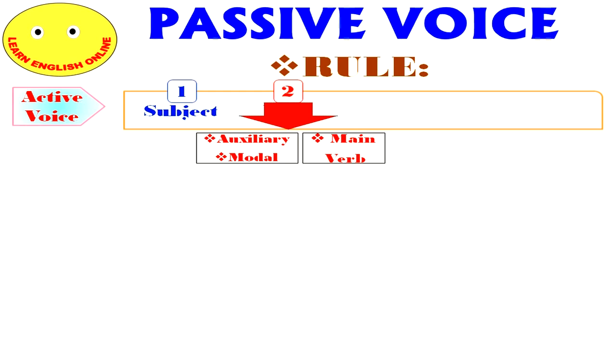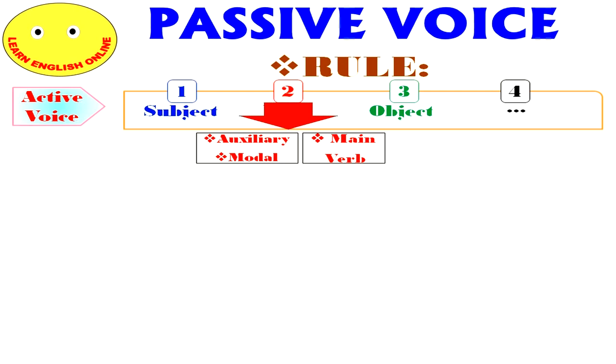This is the case we have dealt with in this video, with example number 1, was doing. Was is the auxiliary and doing is the main verb. And example number 2, could write. Could is the modal and write is the main verb. Next is part number 3, which is the object of the sentence. And finally part number 4, which is the rest of the sentence.